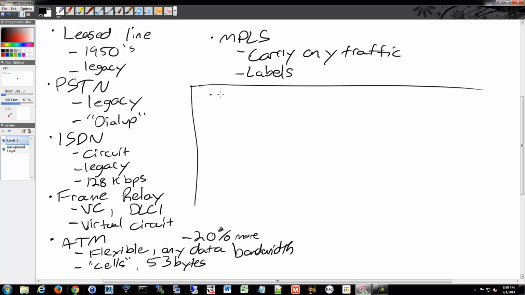But the public options are such as DSL, as I mentioned before, which is digital subscriber line. And this combines existing telephone cables into one cable, one virtual cable. And it runs time division multiplexing to make that happen.